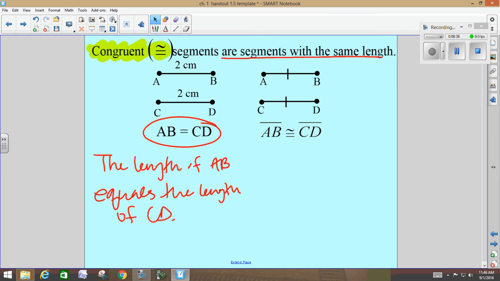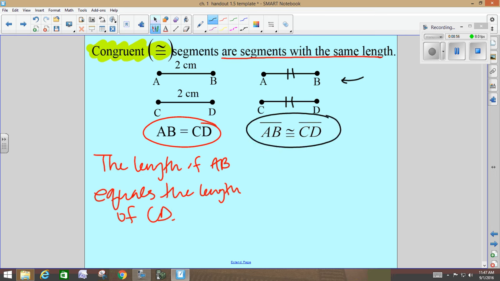This next picture, AB and CD, I think you guys have 2 tick marks going through them, not 1, right? Those tick marks are how you mark congruent. So just looking at this picture right here, I know these segments are congruent because they have the same number of tick marks.